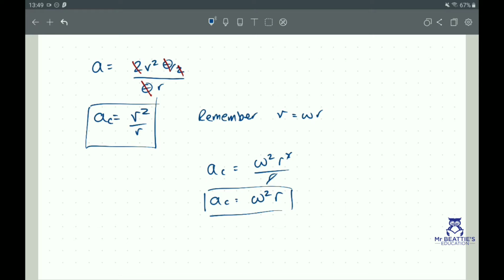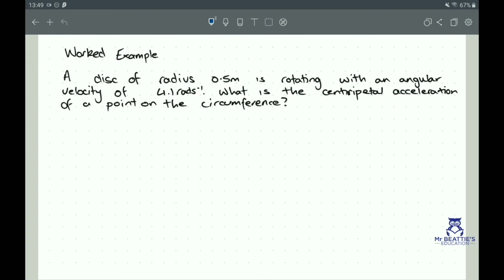Now we're going to have a quick worked example to use this equation. We have a disk of radius 0.5 rotating with an angular velocity of 4.1 radians per second. What is the centripetal acceleration of a point on the circumference?